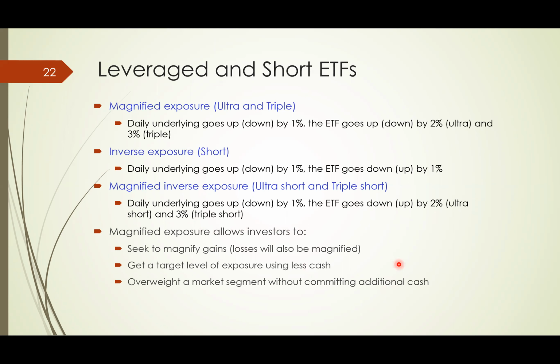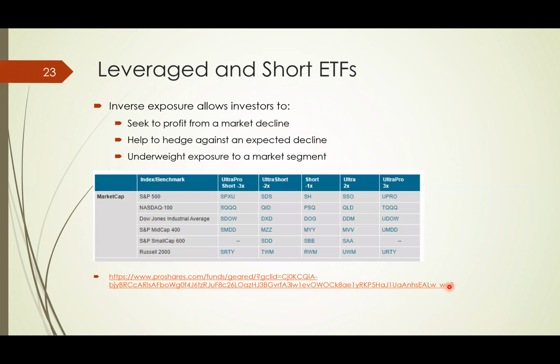They can use less cash but still have a target level of exposure. And sometimes if they don't have additional cash but want to invest in or overweight a particular market segment, magnified exposure allows them to do that.